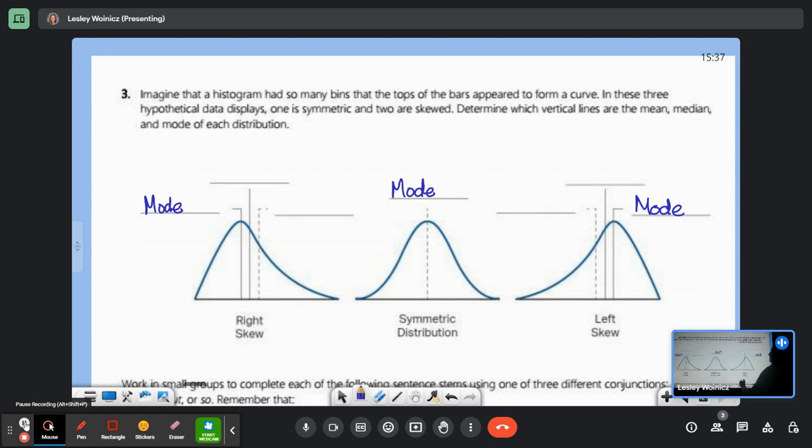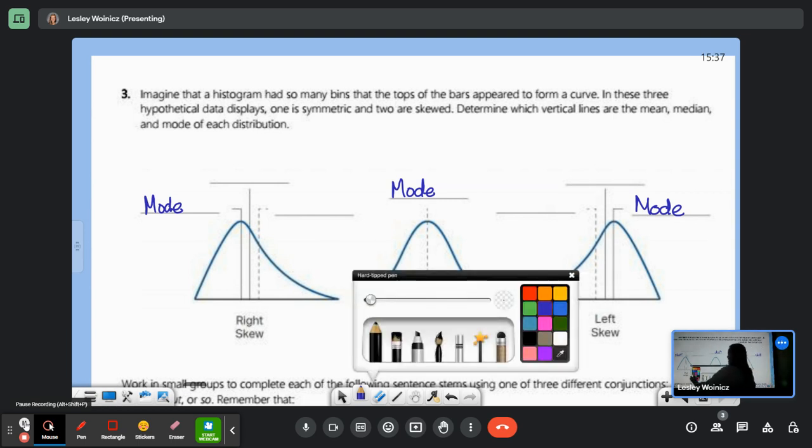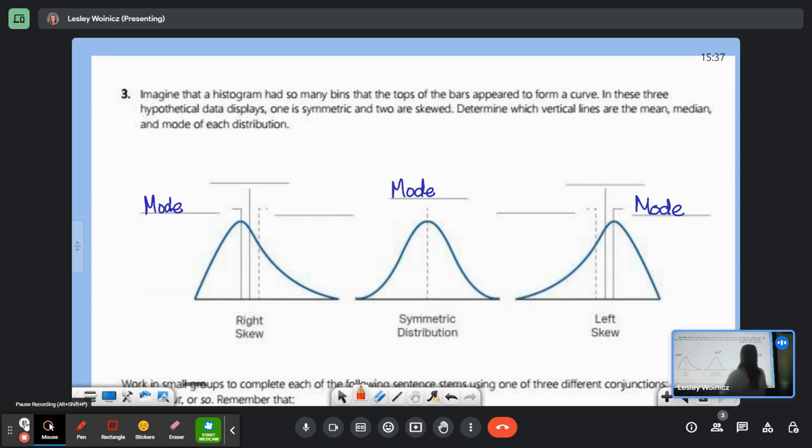So whatever is the farthest from the mode on the skew is the mean, because that gets pulled in the direction of the tail. If you had me for algebra, you probably saw me pulling like this, like a crazy person. Okay, so those are the means. They are the farthest from the mode.